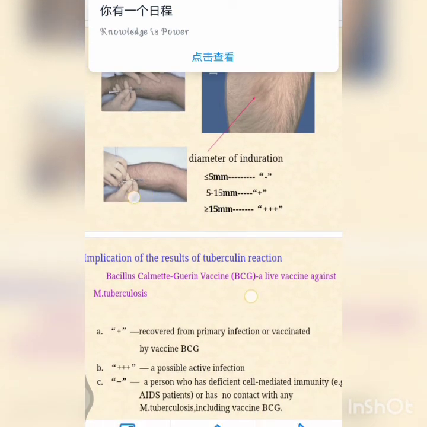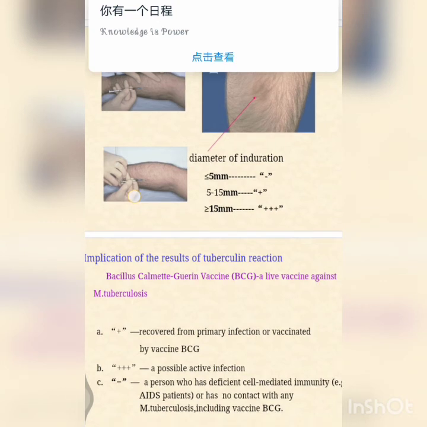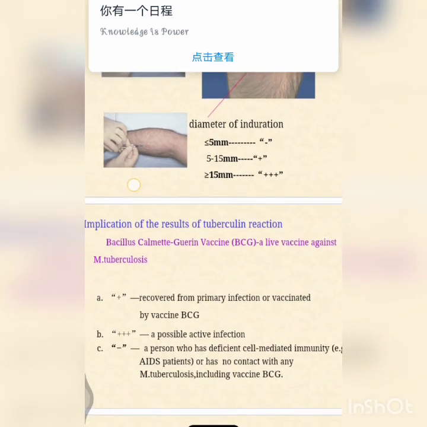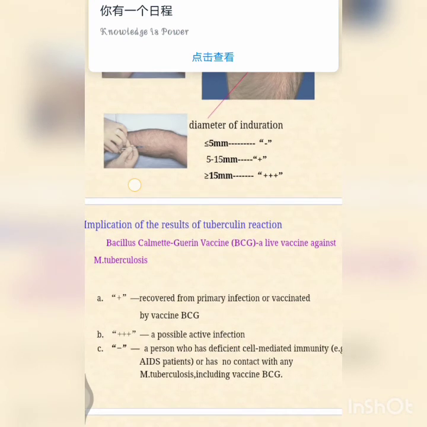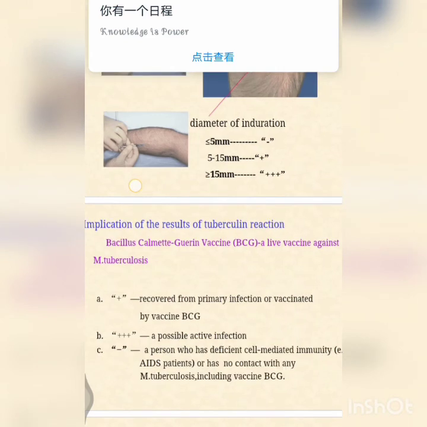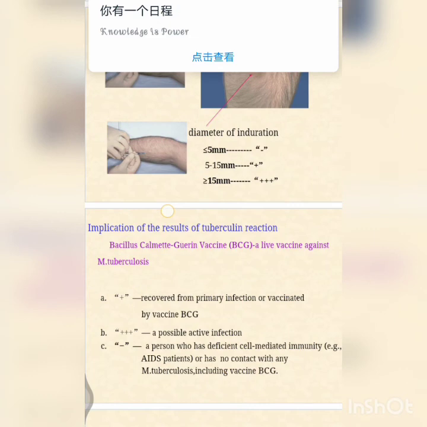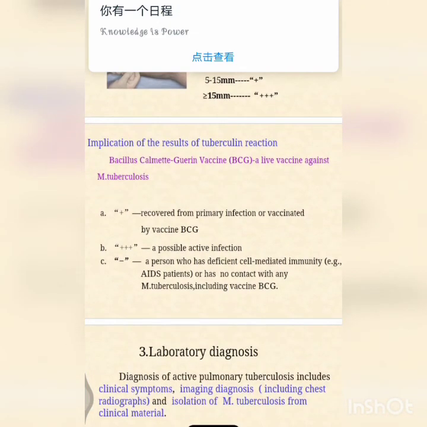Regarding the implication of results, positive means recovered from primary infection or vaccinated by BCG, because sometimes the BCG vaccine also gives a positive test. Triple positive suggests a possible active infection, and negative means a person with deficient cell mediated immunity, an AIDS patient, or someone who has had no contact with tuberculosis, including BCG. So these are the possible reasons.